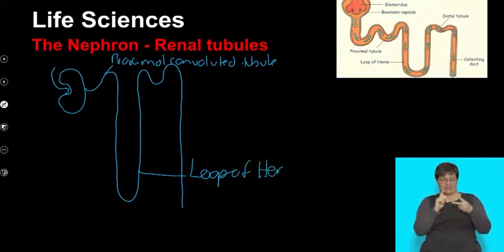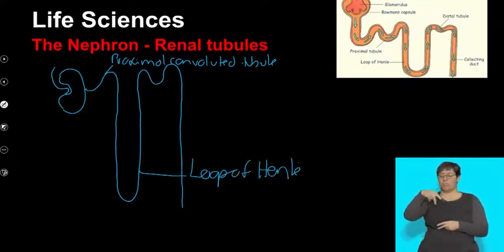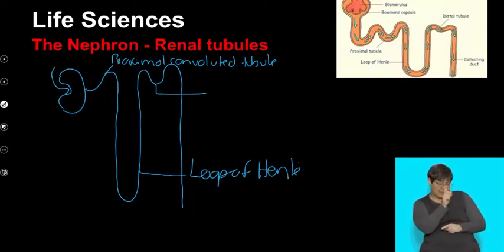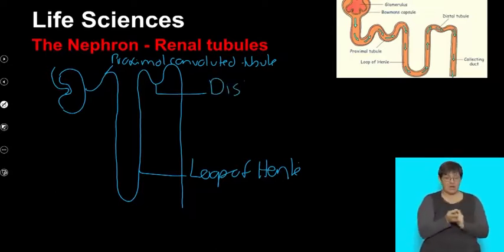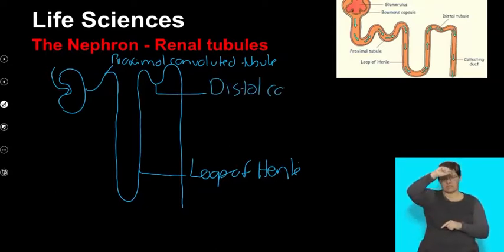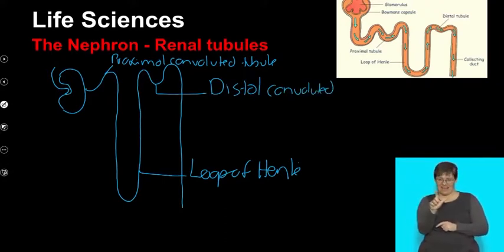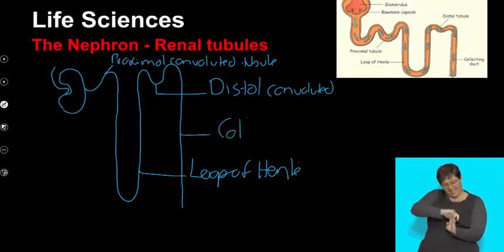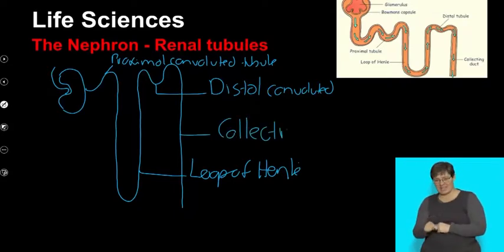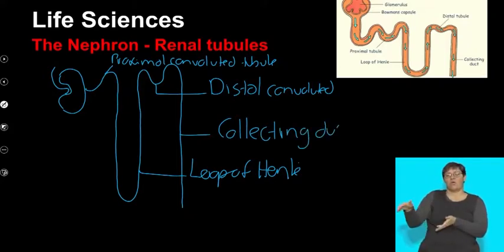And the loop of Henle is a long tube where lots of things are going to occur, and we'll look at that a little bit later. After the proximal convoluted tubule is the distal convoluted tubule. And distal means behind and twisted. Then the very last tubule we look at is called the collecting ducts.